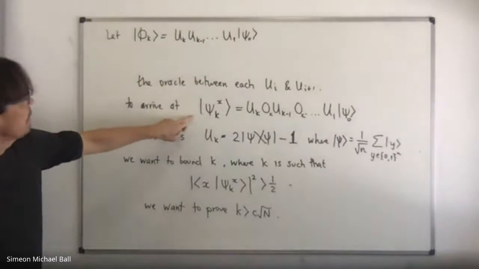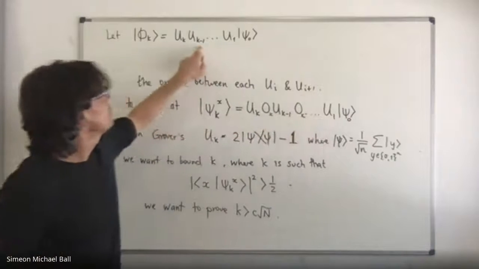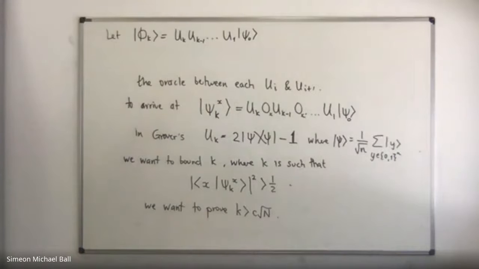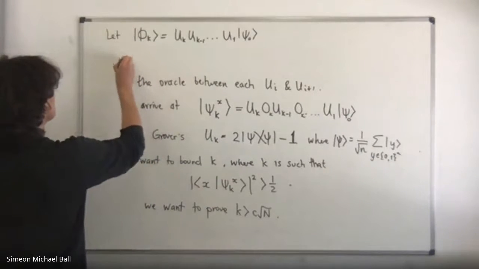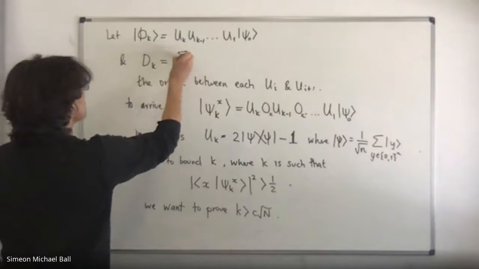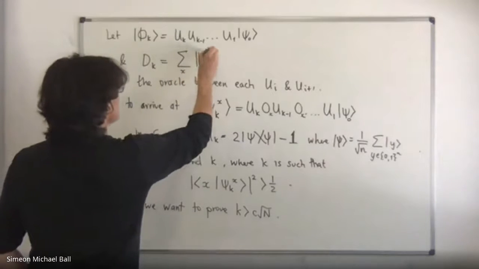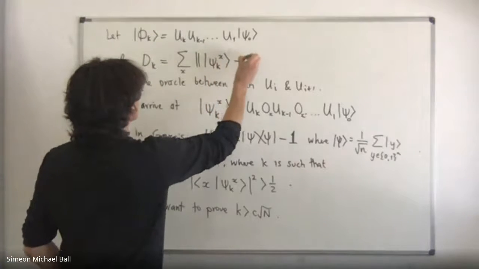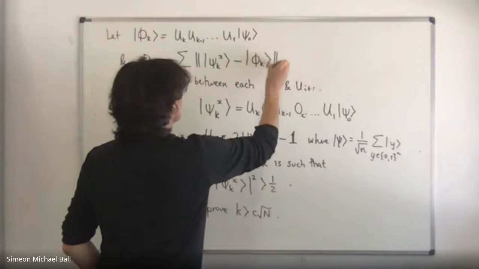So here we've got phi_x of k, that's interjecting the oracle between all the unitaries, and this one is simply where you don't use the oracle. And what we want to do is bound this thing, which is the sum over x of the norm of the differences between this one and this one.